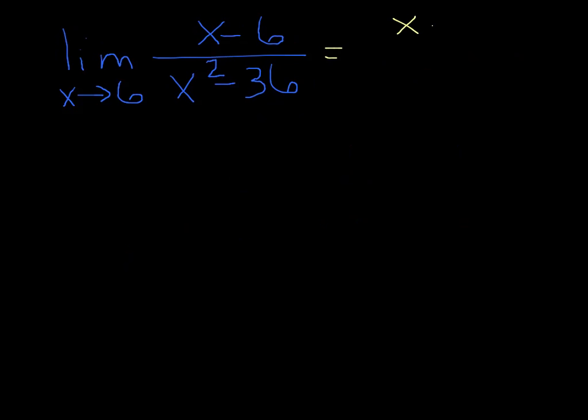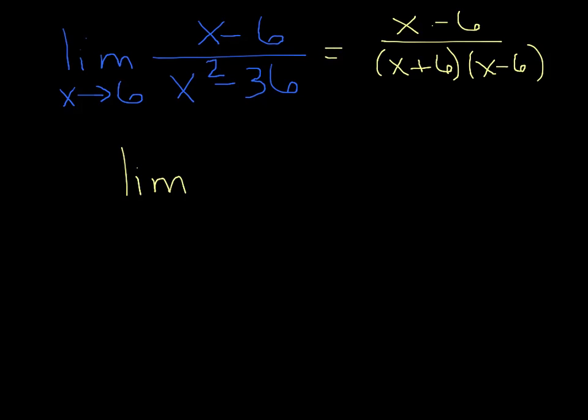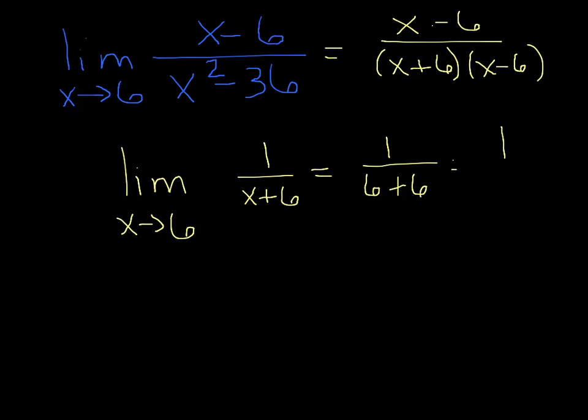Well, the x minus 6 stays the same, but x squared minus 36 is x plus 6 times x minus 6, which means we end up with the limit as x approaches 6 of 1 divided by x plus 6, which is 1 over 6 plus 6, which gives me 1/12. Okay, so the limit of x minus 6 divided by x squared minus 36 as x approaches 6 is equal to 1/12.